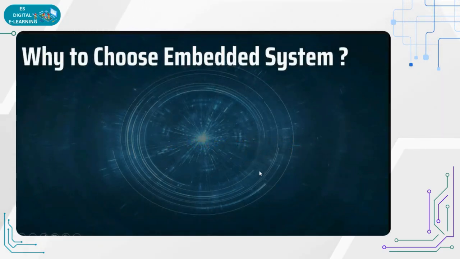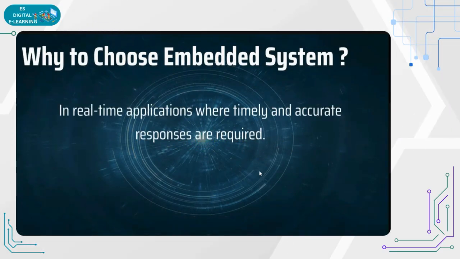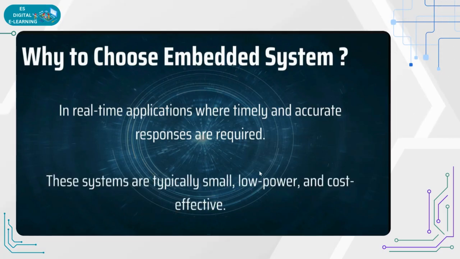Why choose an embedded system? In real-time applications, it gives a timely and accurate response, based upon the software instructions that we give in the controller. Some of them have micro-level microcontrollers also.